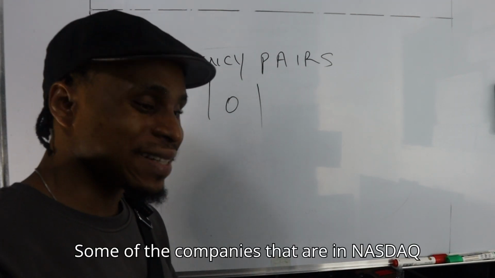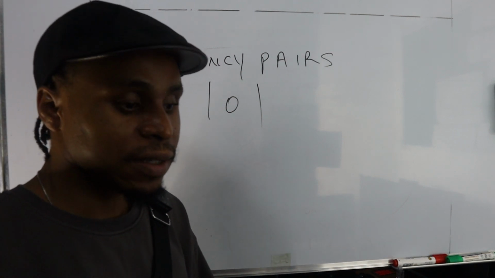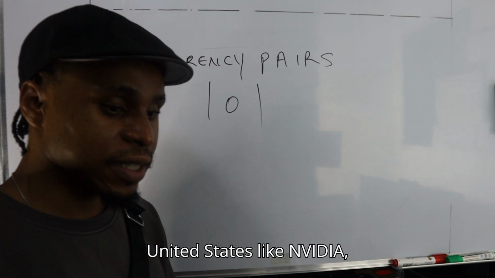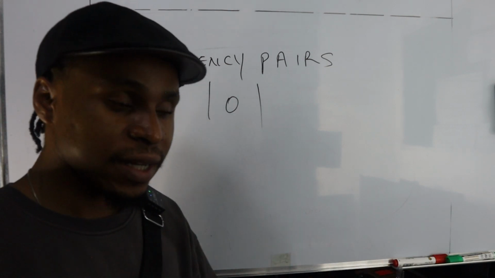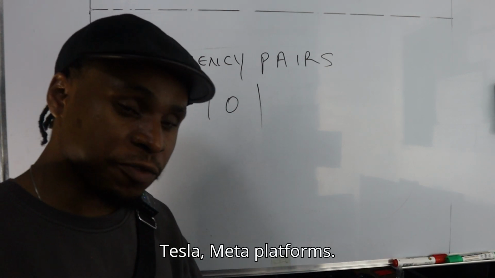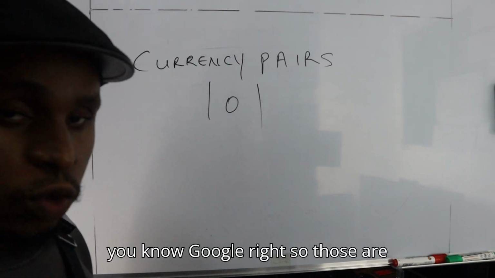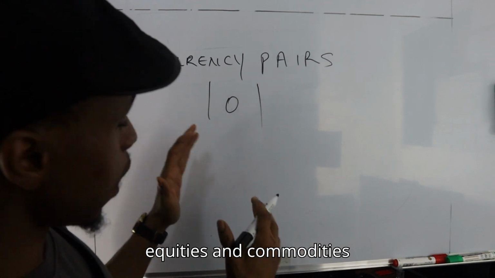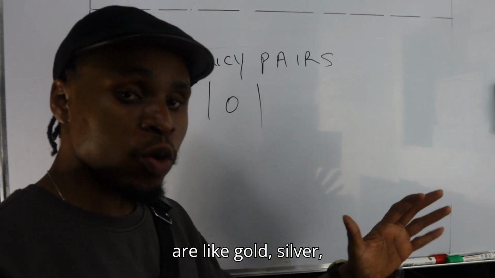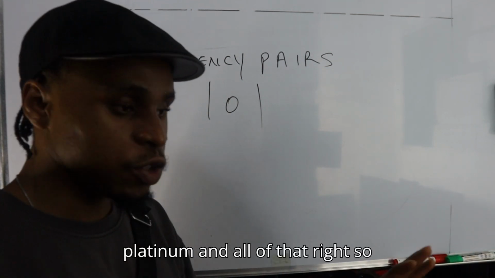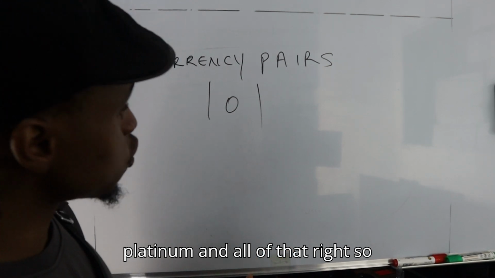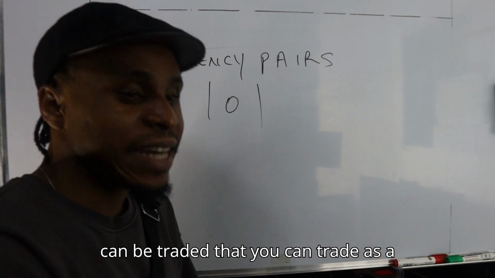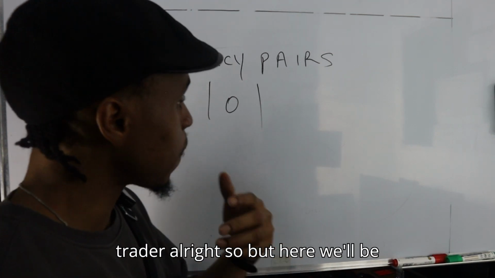Some of the companies in the Nasdaq 100, the top 100 companies in the United States, are Nvidia, Tesla, Meta Platforms, and Google. Commodities are gold, silver, platinum, and so on. These are different asset classes that you can trade as a trader.